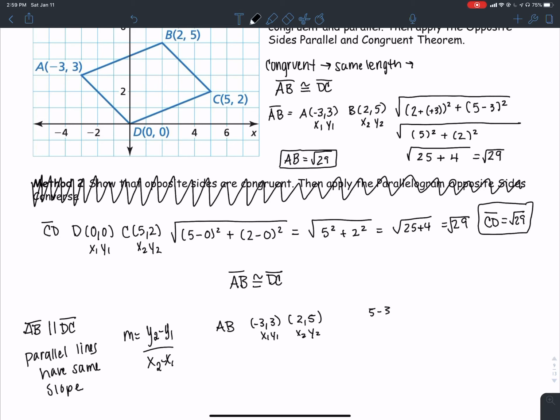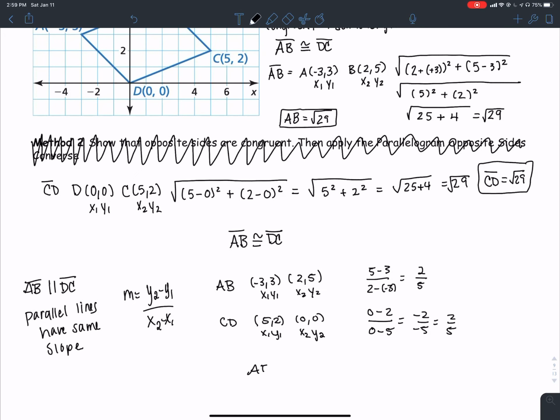So y2 minus y1 over x2 minus x1, 2 over 5. And we've got CD, which is 5, 2, and 0, 0. x1, y1, x2, y2. So y2 minus y1 over x2 minus x1, negative 2 over negative 5, which reduces to 2 over 5. So that means AB is parallel to DC.